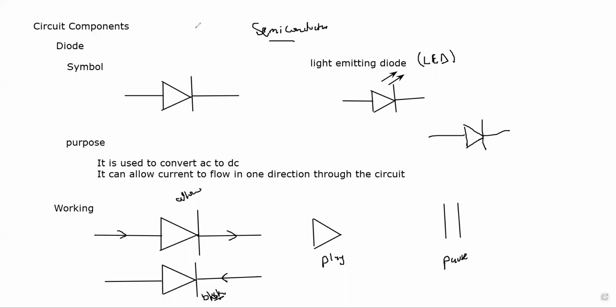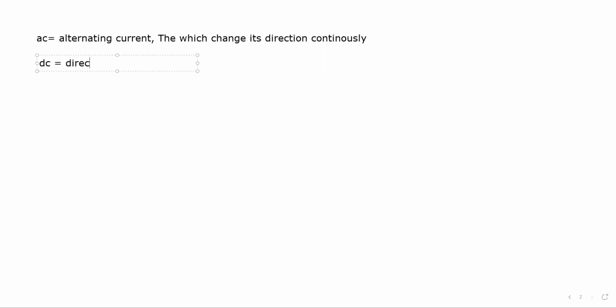Now what is AC and what is DC? AC means alternating current, which means the current will change its direction continuously. That is called AC current or alternating current. And what is DC? It stands for direct current.